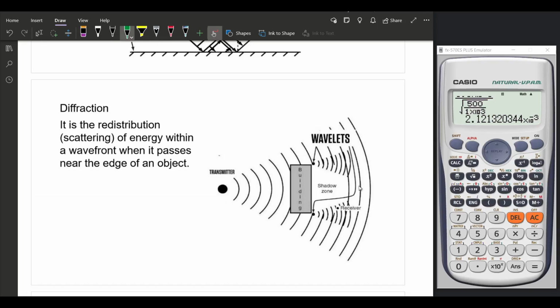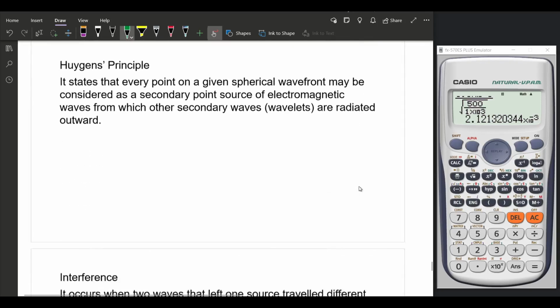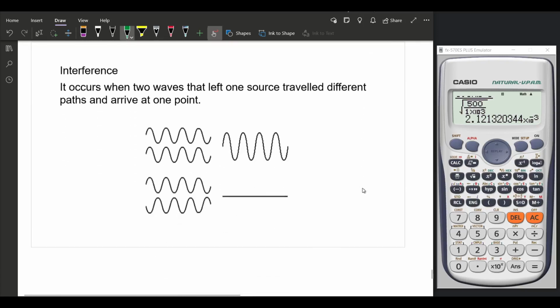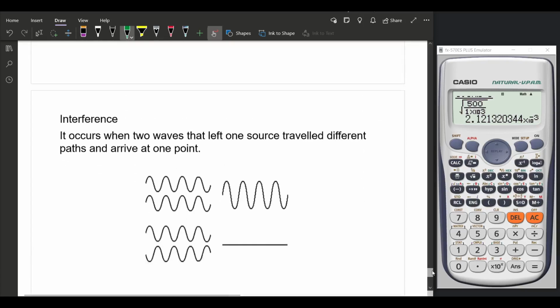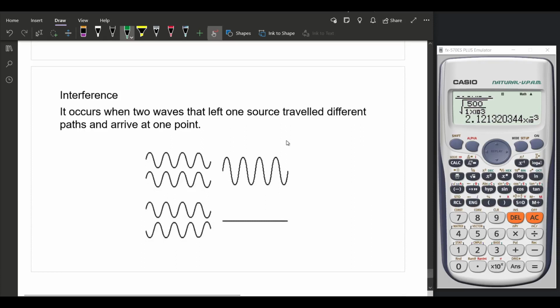Okay? Next, the last optical property na meron din yung mga radio waves natin is yung interference. So this is the colliding of the waves. It occurs when two waves that left one source travel different paths and arrive at one point. So there are two types of interference.